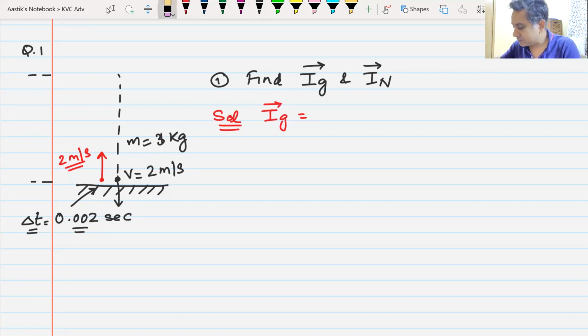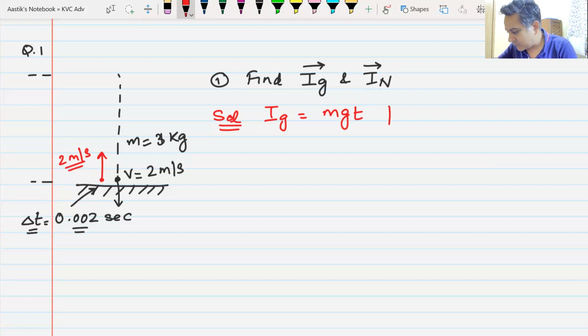Zero, sir. No, it is not zero. I will just write it. Impulse due to gravity. Will it be upwards or will it be downwards? Gravitational force is mg and it is downwards. Yes or no? Yes, sir. Multiplied by t. So it will be downwards.